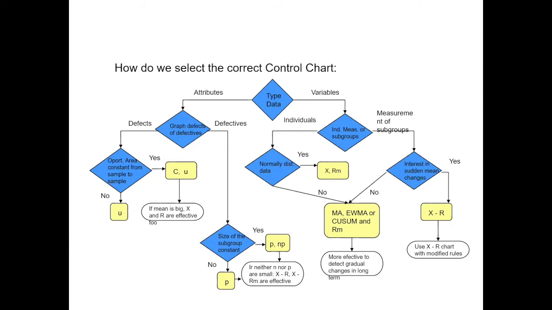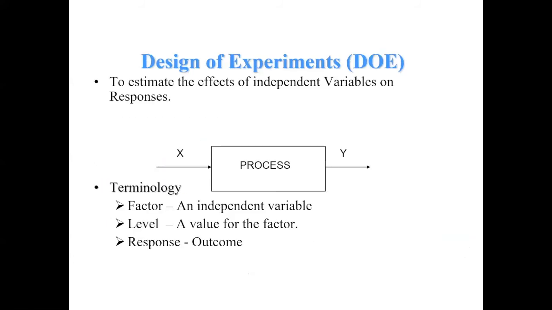So all of these techniques are generally discussed in ISE 320, and it is the main focus of ISE 320. So you will get exposed to all of these very thoroughly in that course, while DOE is covered in ISE 315.